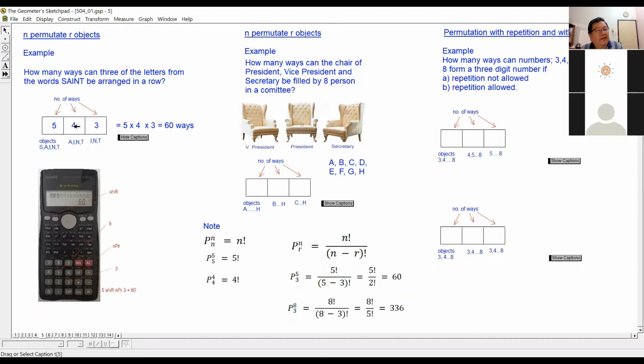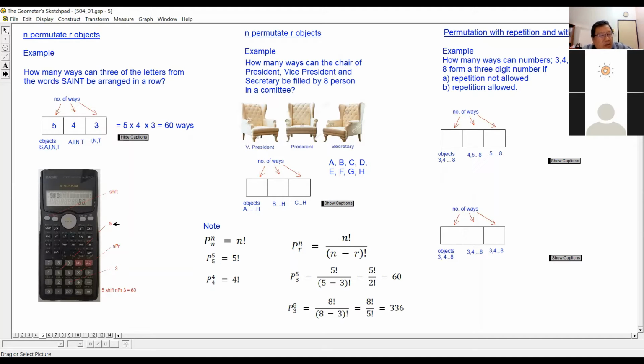So you can have 5, 4, 3. Multiply together it is 60. Now, you can also find this number 60 using the calculator. So we can say that 5, I want to permutate only 3 of them. So the symbol is actually 5P3.